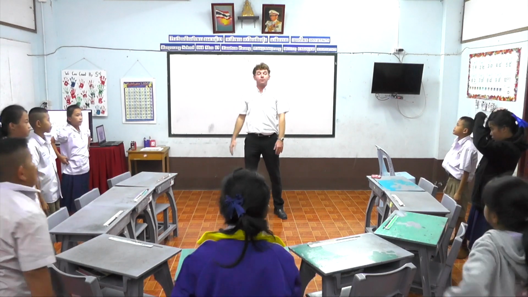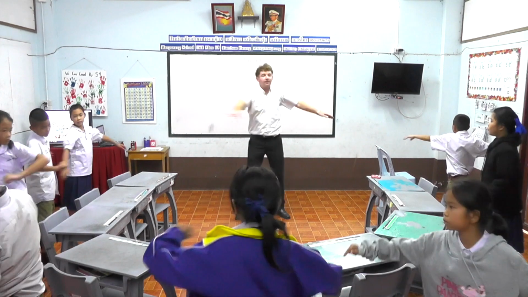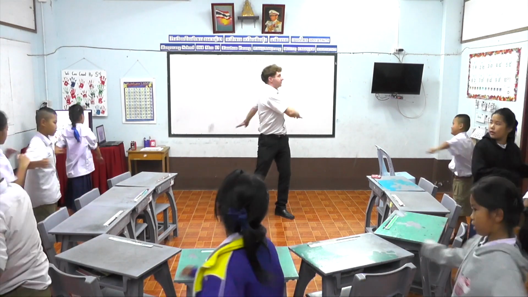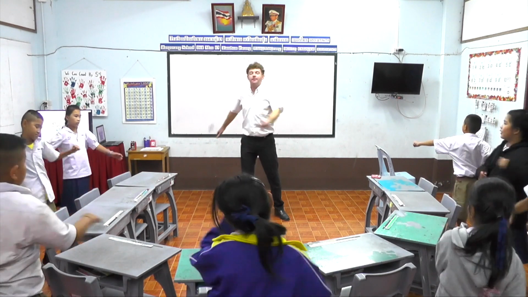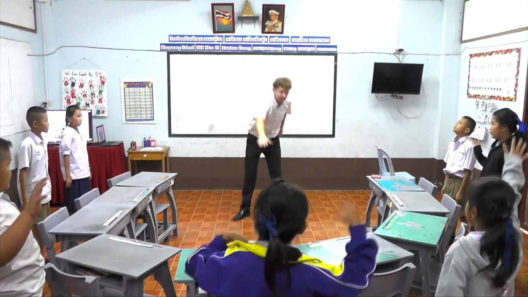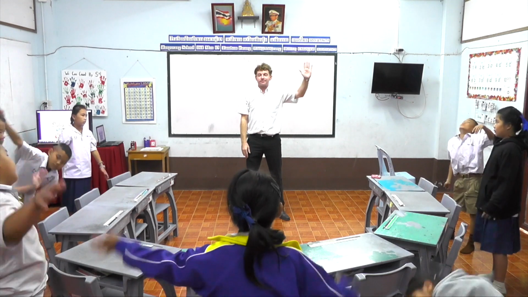Now let's rotate. We'll go left, right, left, right, left, right, left, right, left, right. Okay, now take our right hand, touch our left foot. Back up. Left hand, right foot.